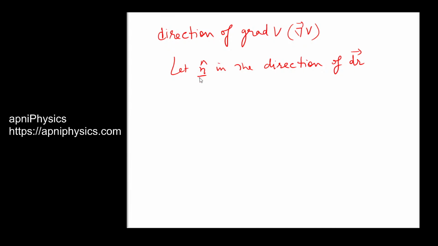So unit vector n is in the direction of displacement vector dr, and by the definition of a unit vector you can write unit vector n is equal to vector dr upon the modulus of this vector, that will be dr. Further, you can write vector dr in terms of the unit vector n and dr, this way.